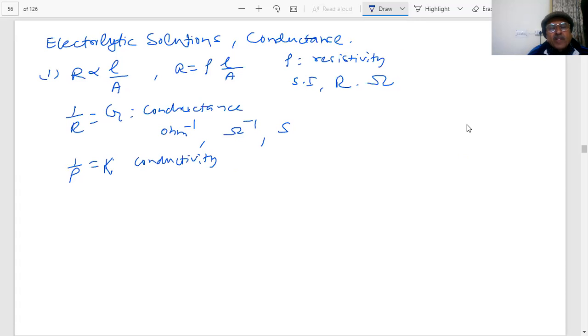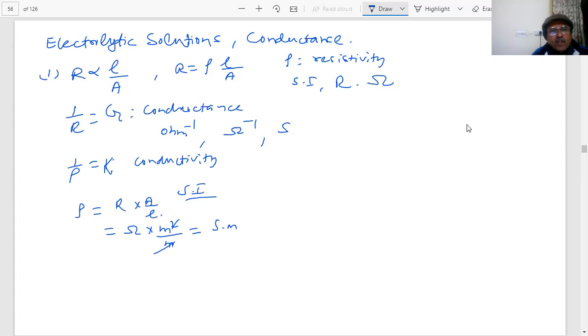What will be the units of specific resistivity, rho? We can calculate from this formula: rho is R into A by L. What is R? Ohms. A will be in meters squared and L in meters, so ohm meter.